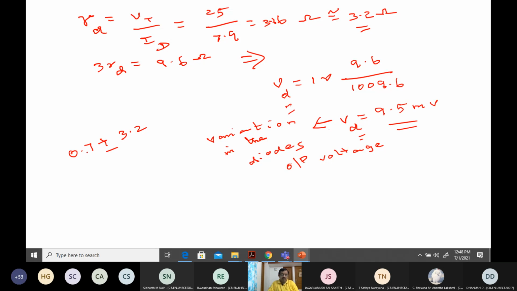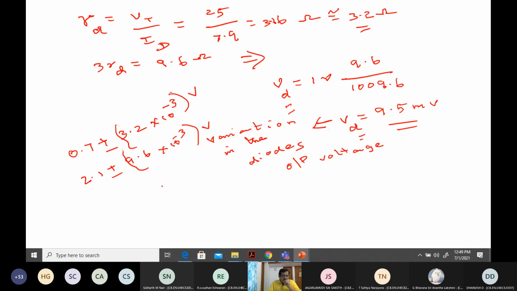So it is 0.7 plus minus 3.2, or I can write it as 2.1 plus minus 9.6, and I have to write very carefully 10 power minus 3 because this is in millivolt. I have to convert everything in volts, in which case it will be fine.